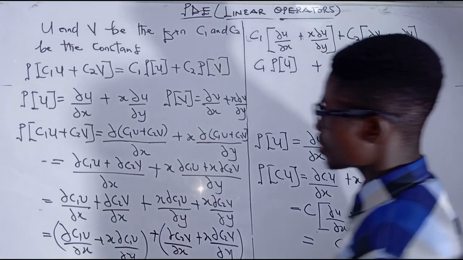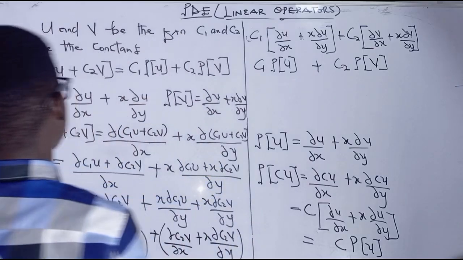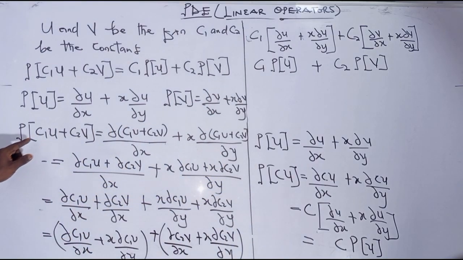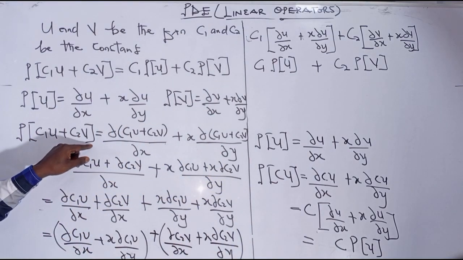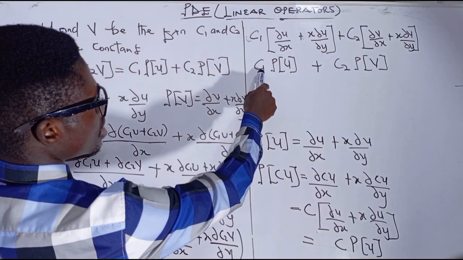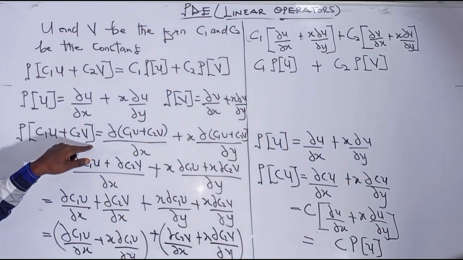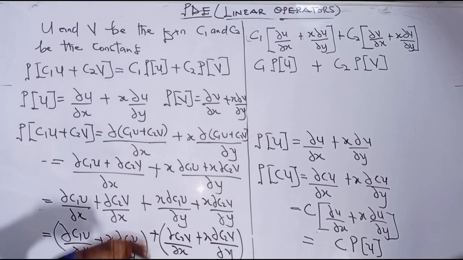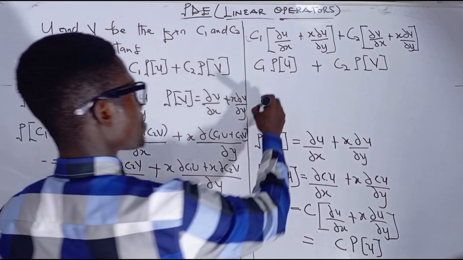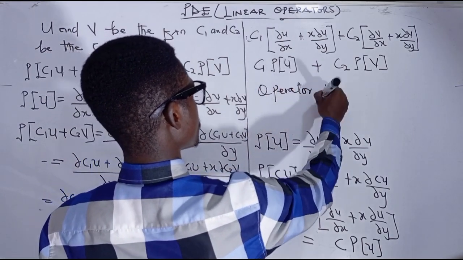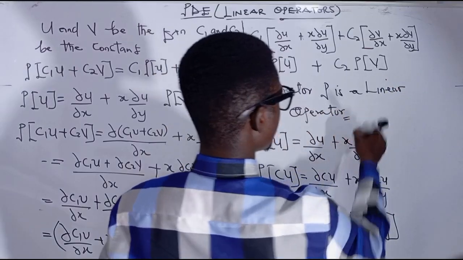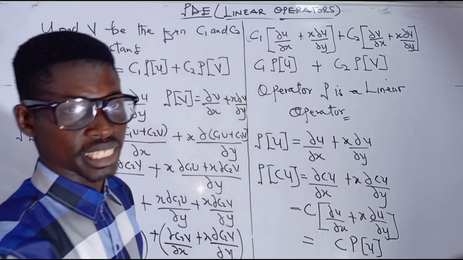So you can see that the second condition is also satisfied. We have P of C1U plus C2V is the same as C1PU plus C2PV. So we can say that the operator P is a linear operator. Very, very easy and simple.